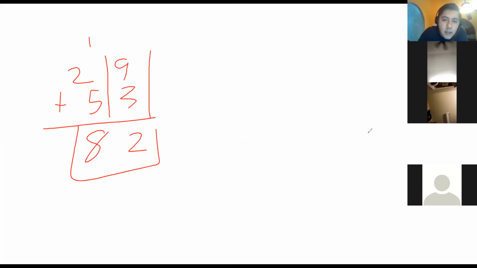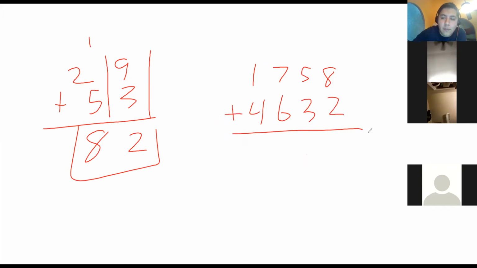Next one, we got 1758 plus 4632. Okay. So with this, we have 4 different sets of digits here. We're going to make sure that they're all lined up. But we start with 8 plus 2, right?